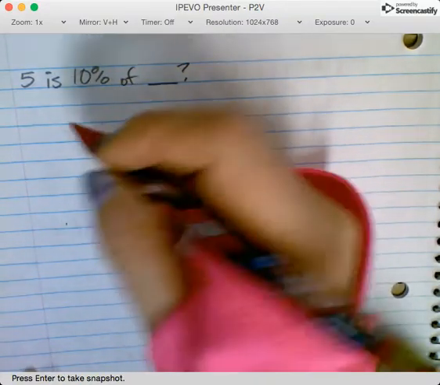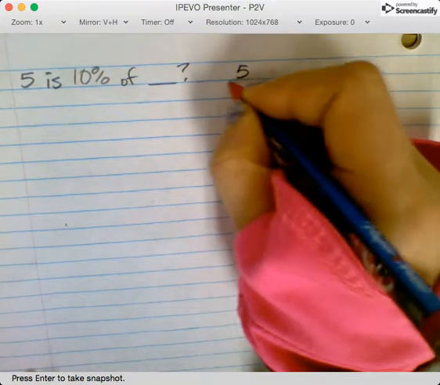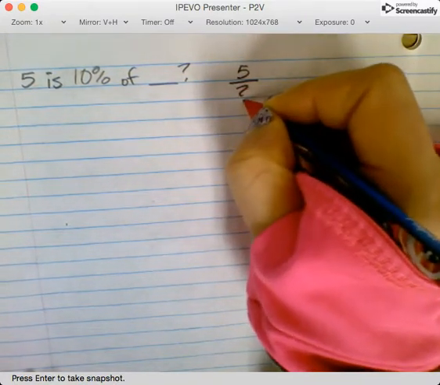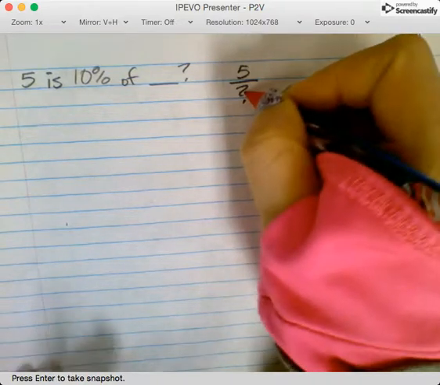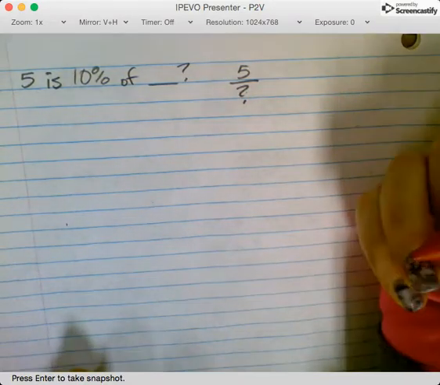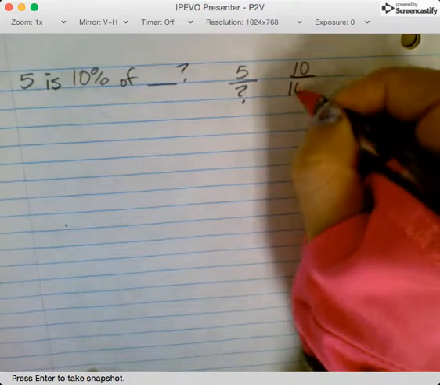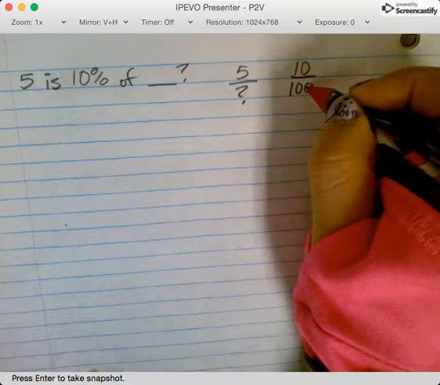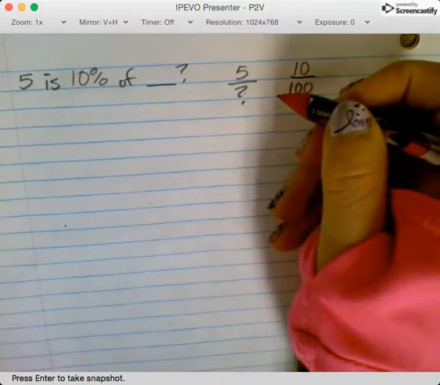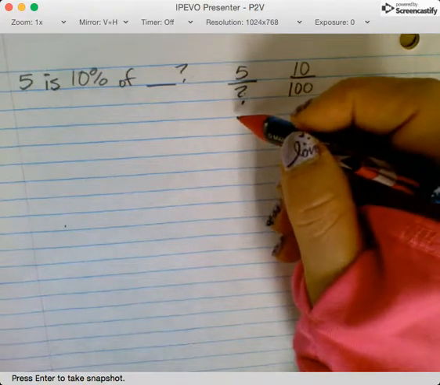Using equivalent ratios would just be to set it up as 5 over, and we don't know, right? 5 out of, we don't know what it's 10% of, so we put the question mark underneath. 10%, a percent is always out of 100, so it's 10 out of 100. And then we would go from there, and I would pretty much set up most of my problems this way.